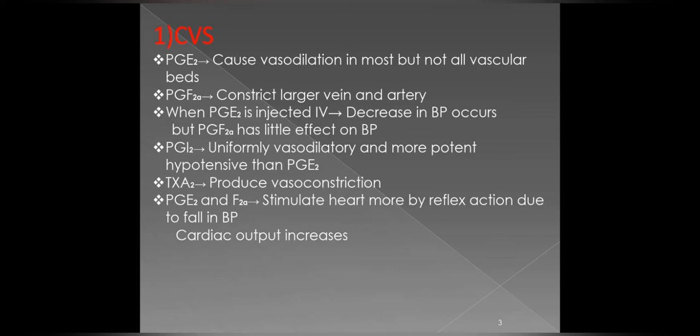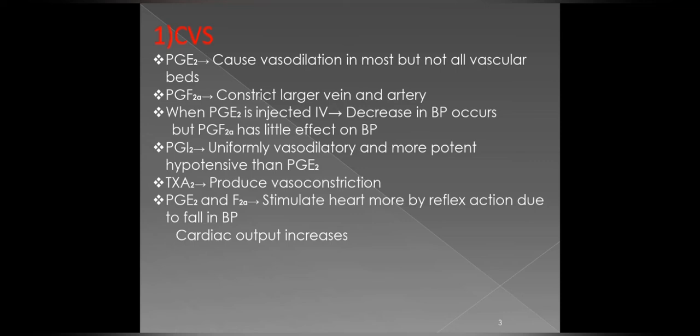When prostaglandin E2 is injected intravenously, it can decrease the blood pressure. But prostaglandin F2 alpha has only a very small effect on BP, because prostaglandin E2 has the ability to dilate blood vessels, thereby decreasing the blood pressure. Prostaglandin I2 uniformly causes vasodilation and is a more potent hypotensive than prostaglandin E2.